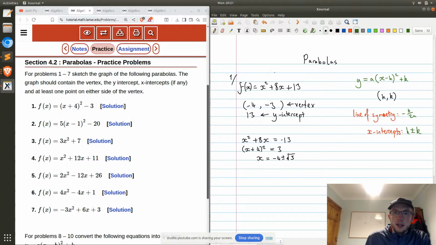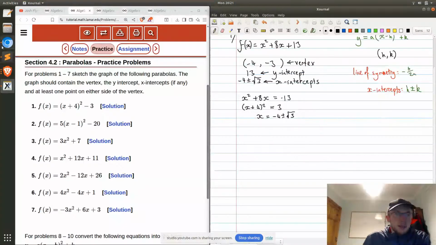Anyway, we've established what the x-intercepts are in this case, -4 plus or minus root 3. And that's enough to graph it, is it not?